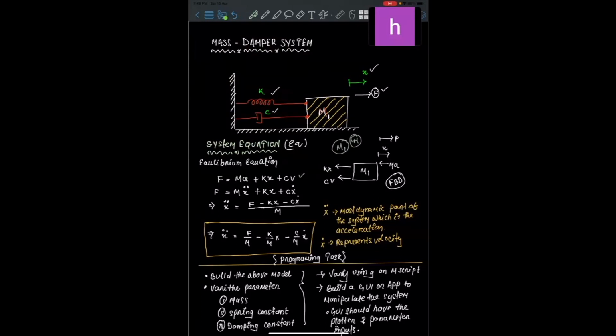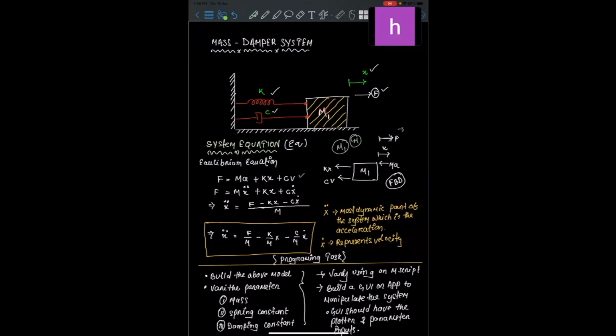Suppose in this case, this is the force which is being applied, and the force direction is in this direction. Then my displacement will be in the same direction, right?